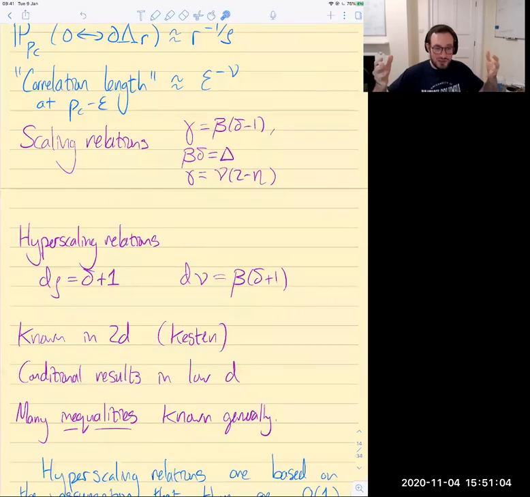Above the upper critical dimension, all these exponents should stabilize on the same values they have for random walk, say, these Gaussian values if you like. Below the upper critical dimension, the lattice is not so spacious anymore, and the geometry of the lattice affects the model in a non-trivial way, and it doesn't look like the high-dimensional model. The hyperscaling relations are only supposed to hold in this low-dimensional case.